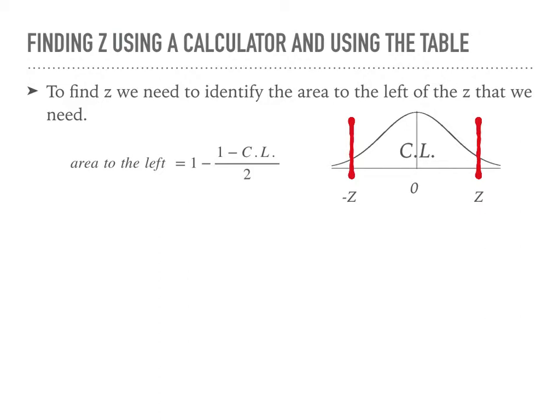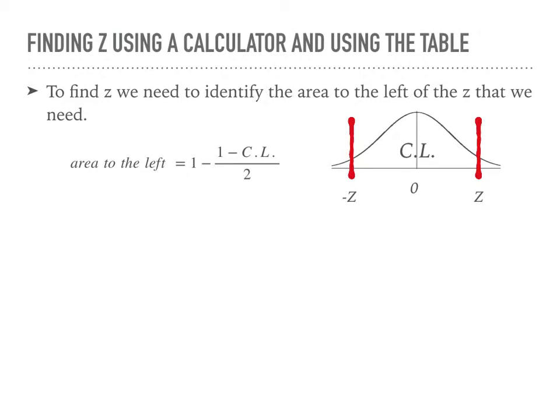We know that the confidence level is the area in between those red lines there. So the area on the outside is 1 minus the confidence level. On each outside edge, there is half of 1 minus the confidence level.